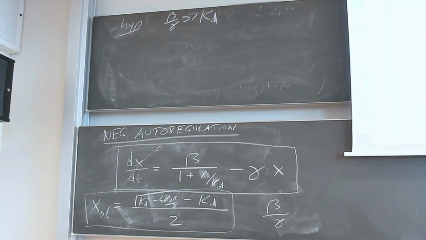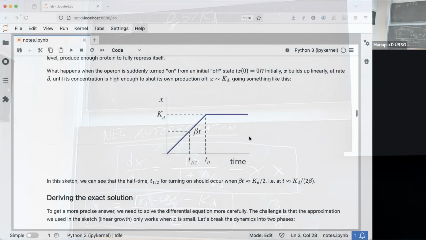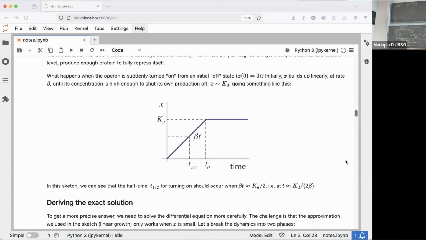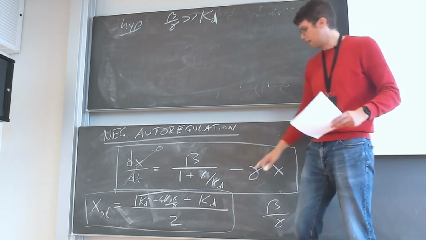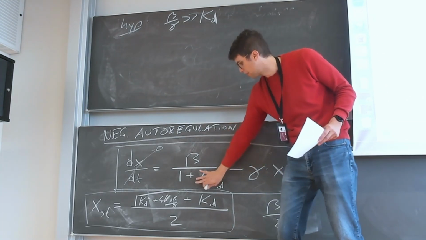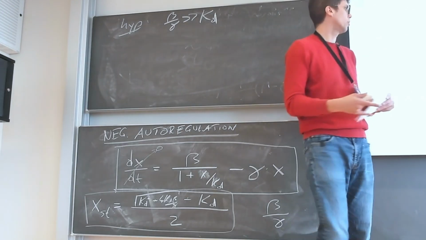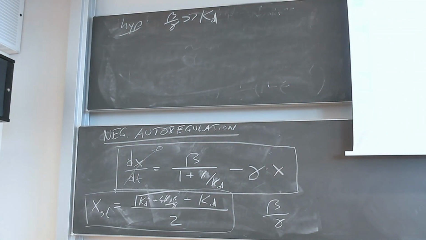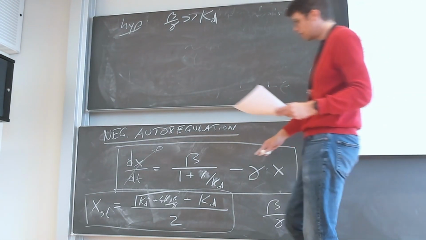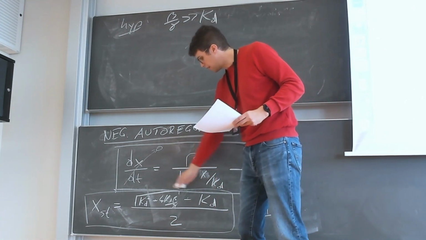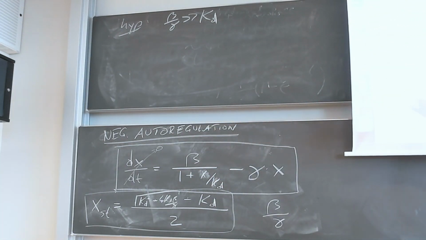The picture that you can have in mind here is something like this. This is not, of course, the solution of the ordinary differential equation. But what will happen is, if you look at this ODE, at the beginning, when x is very small, this will not matter. So it's just beta. You're trucking along with beta over time. Then at some point, x is large enough that the denominator will be big, such that your production rate will go down by a big step.